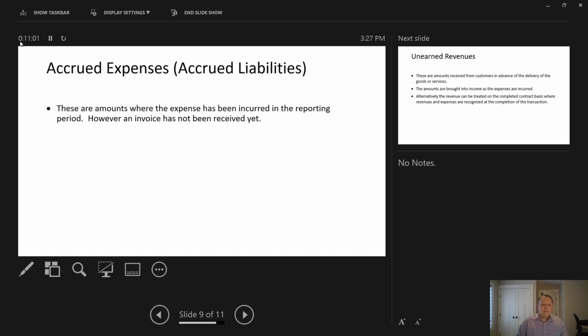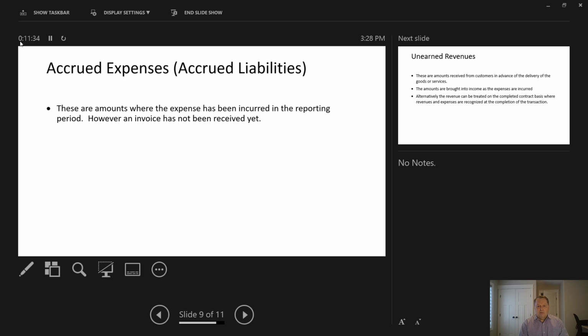Accrued expenses. Now, these are sometimes called accrued liabilities, but they're amounts for which we haven't got an invoice just yet, but we know we're going to have to pay this. So perhaps we've just done a major rebuild on an engine for a big piece of equipment. Well, the shop that's doing it said it was going to cost $50,000, and they're pretty much done the work.